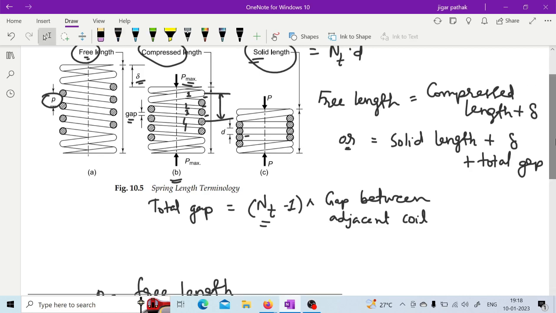Now here, in case of the helical compression spring specifically, there are active and inactive coils. What are active and inactive coils? Let us see.